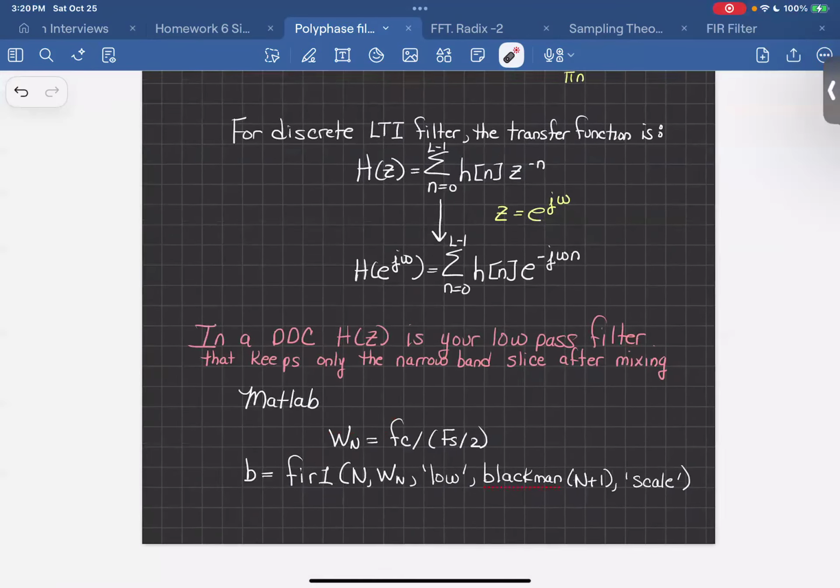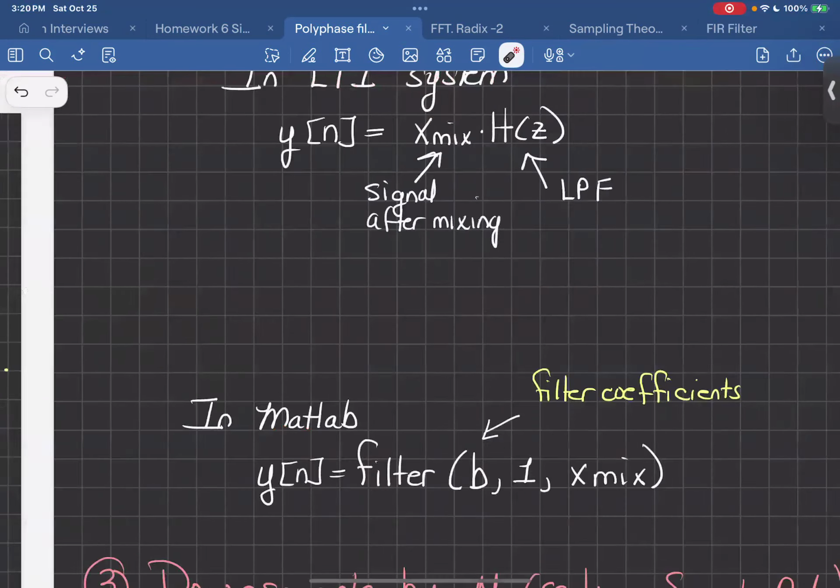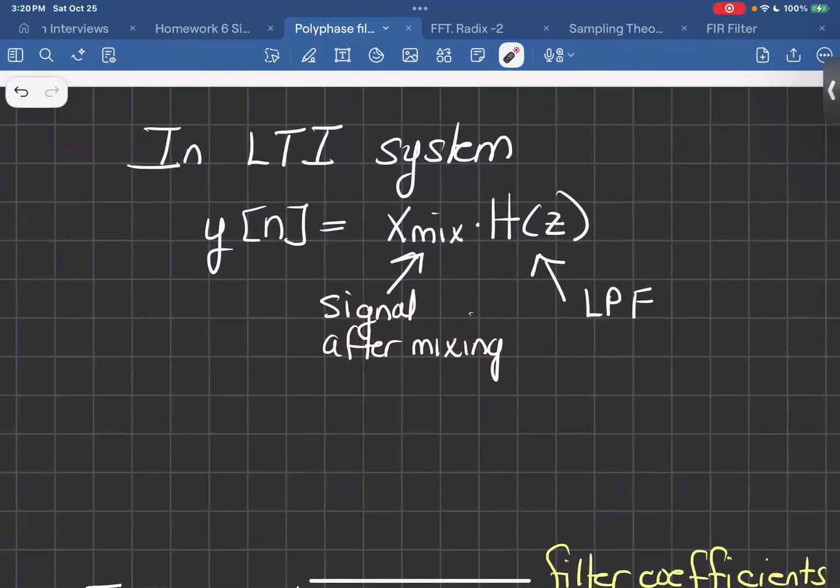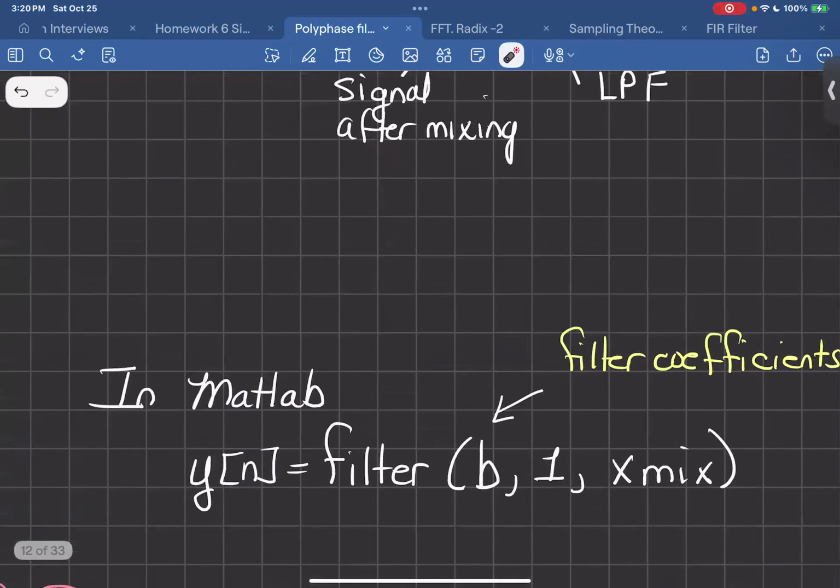That's B. Okay, so now that you've done that, we have to remember that we are still working with the same equation we've been working with the entire time. What we're doing is multiplying our mixed signal by our low pass filter, right?